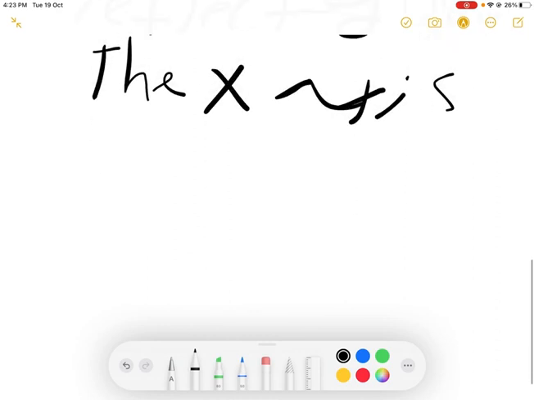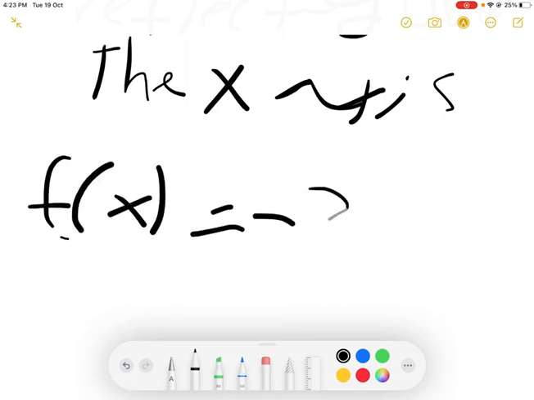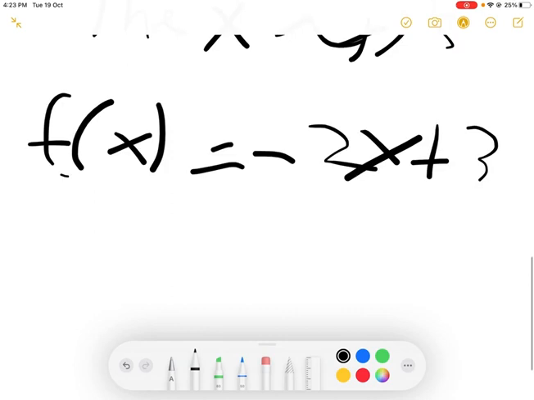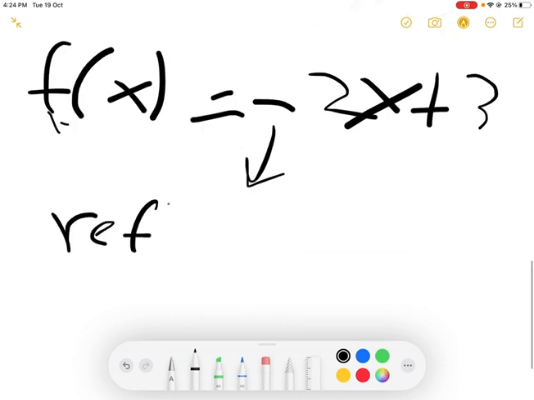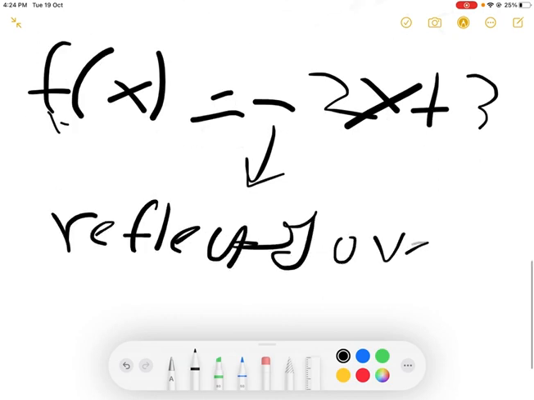And one additional tip: if there are no brackets in a function, then it is vertical automatically. Like f(x) equals negative 2x plus 3. You know that it's vertical because the x is by itself, and it's reflected over the x-axis.